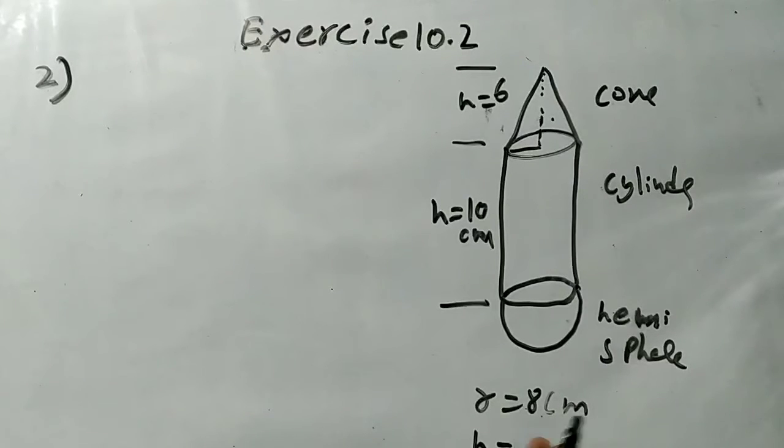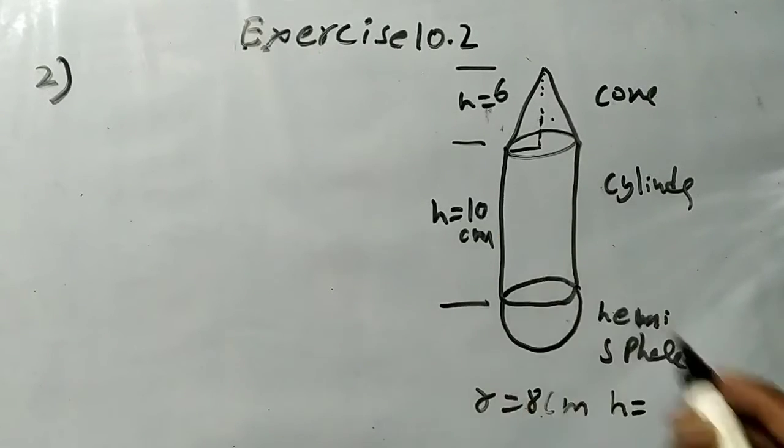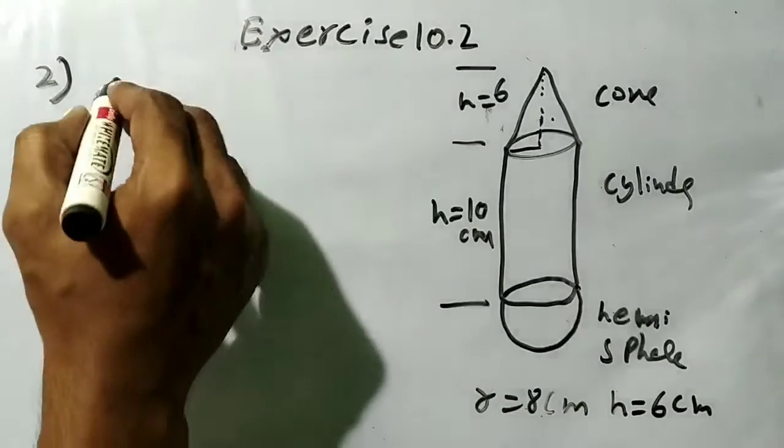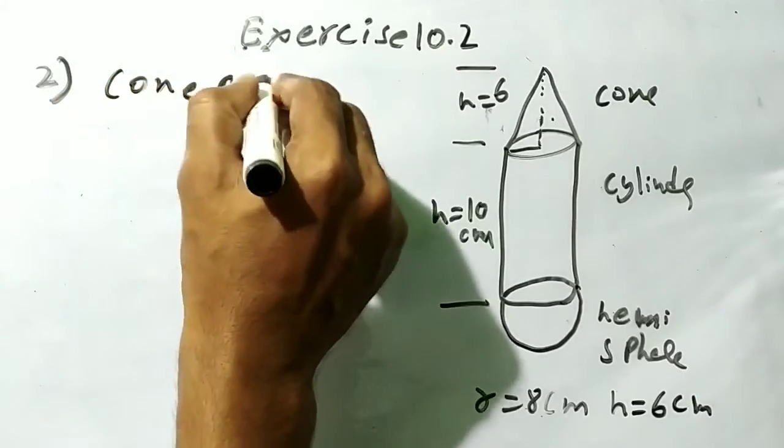Let's call this H1 and this H2. Let's consider this one, the height of the cone, which is 6 centimeters. So we calculate the cone CSA.